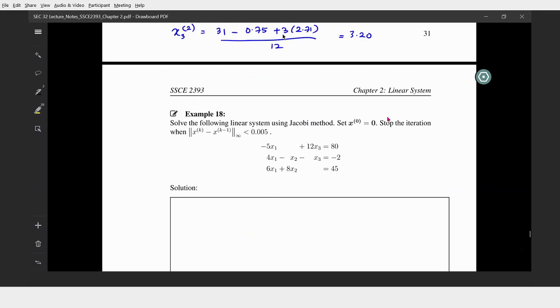But for this one, just change this to x. So use this one: 2, 3, 5. I put the transpose here. Use that initial value and use only 2 decimal places.